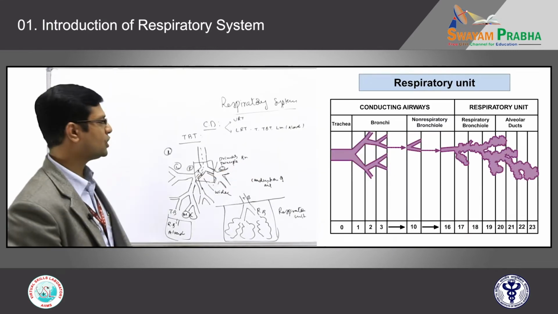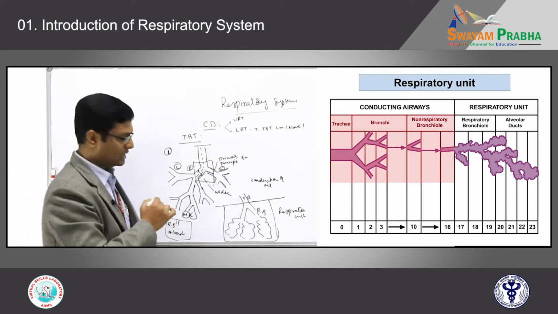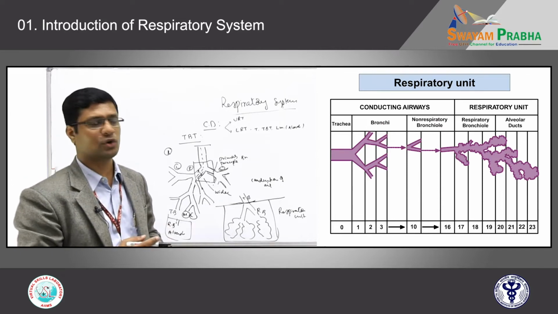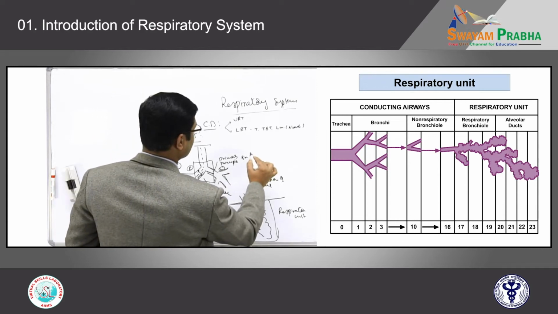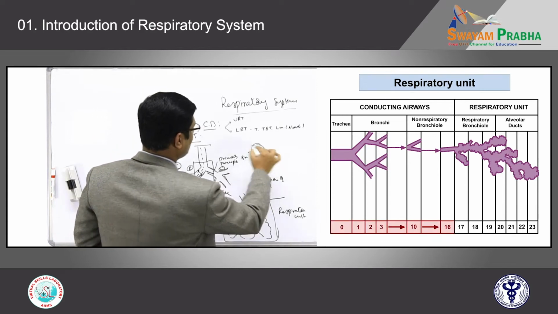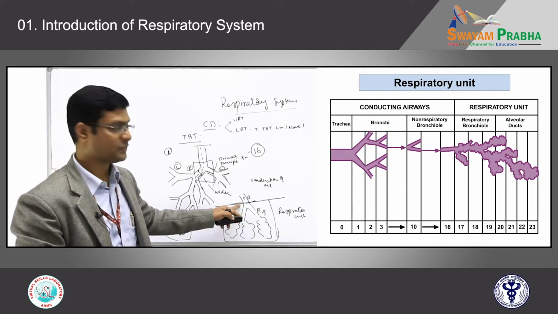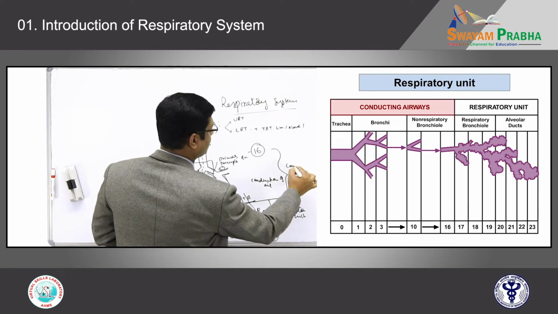One important point all of you should remember is that from the trachea till the terminal bronchiole, the approximate number of branches in a healthy individual is 16. There will be 16 branches from the trachea till the terminal bronchiole, and the main function is only conduction of air.